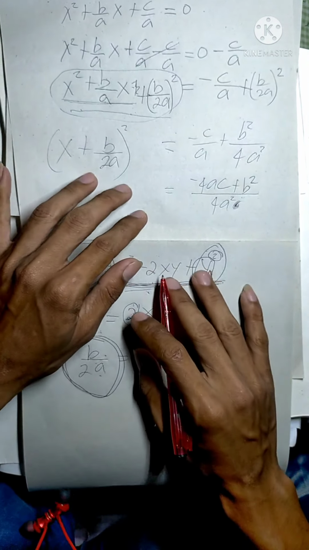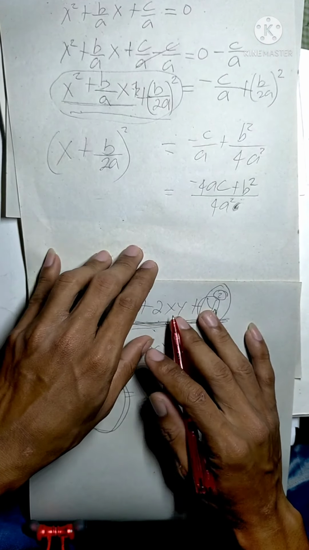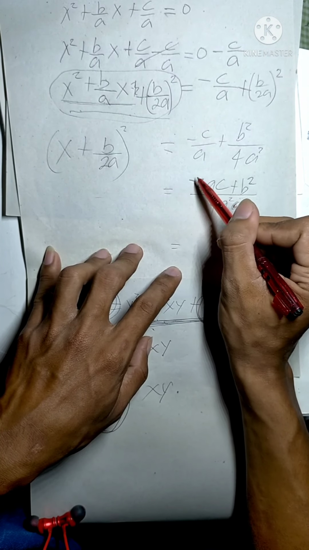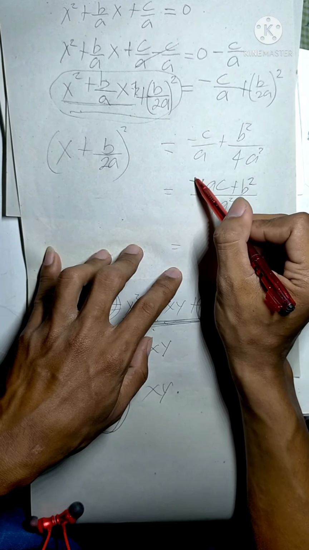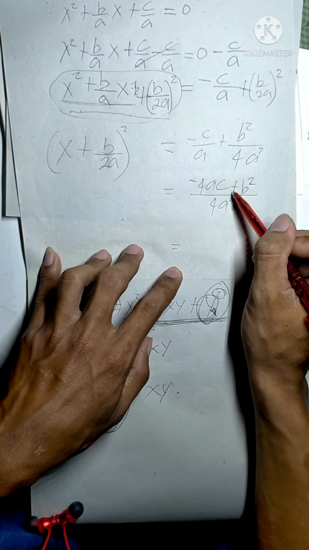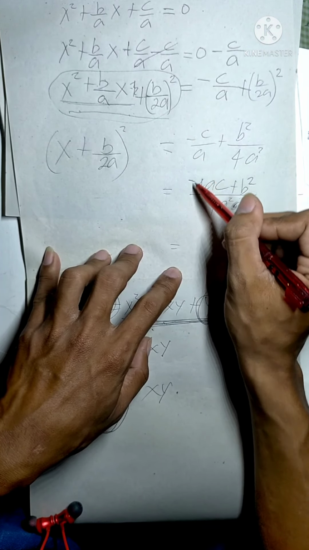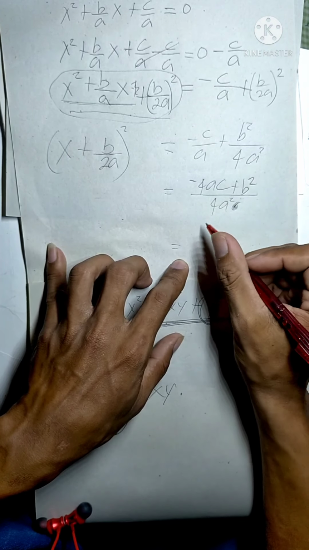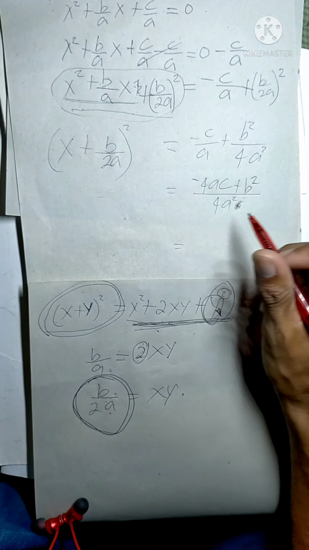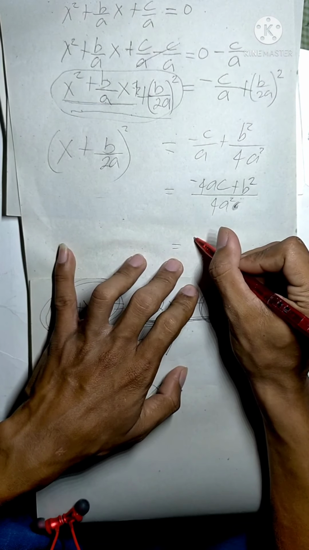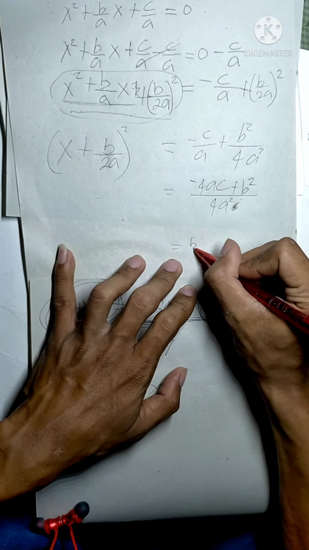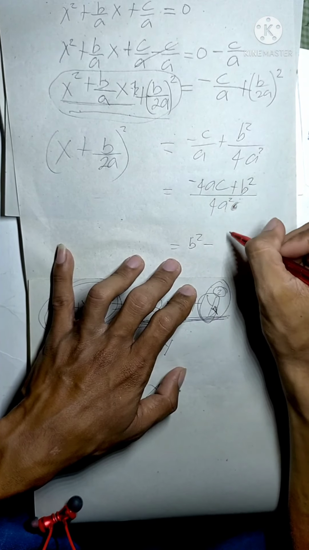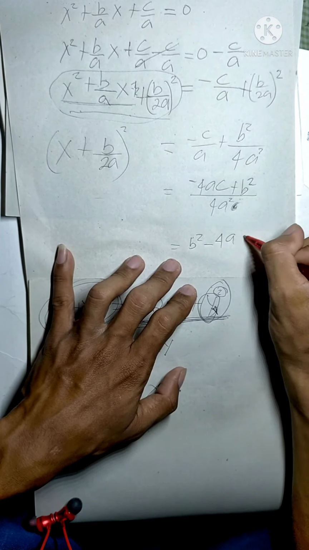Okay. So actually we can put this in the middle so that we will have a positive. So rewrite. We can actually rewrite this: b squared, negative 4ac.